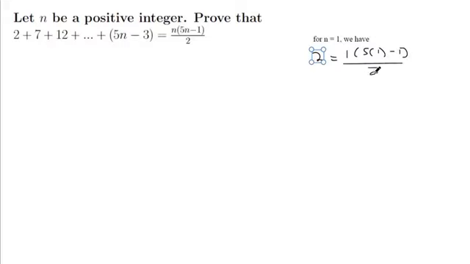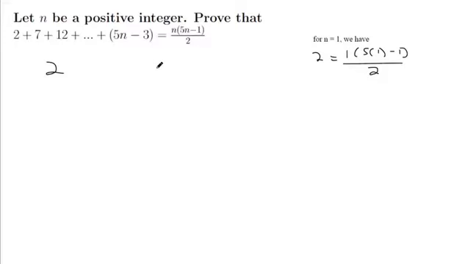I've just plugged in n equals 1 into this formula, and n equals 1 into this formula. If we were to say n equals 2, then we wouldn't just be plugging 2 in here. We'd be doing 2 plus 7 equals 2, 5 times 2, etc.